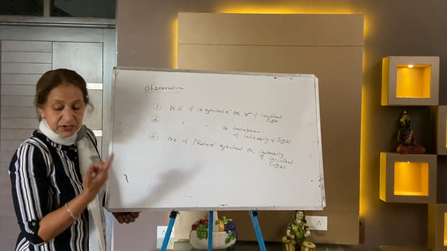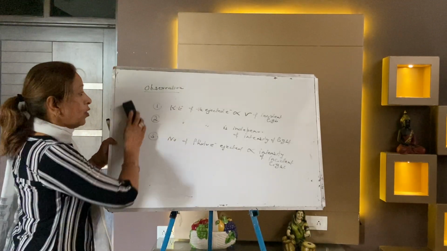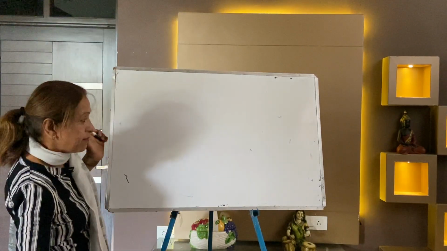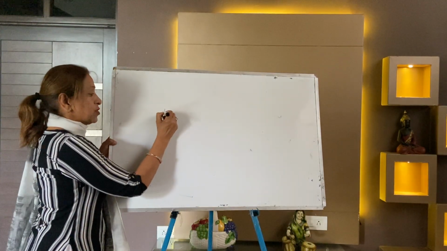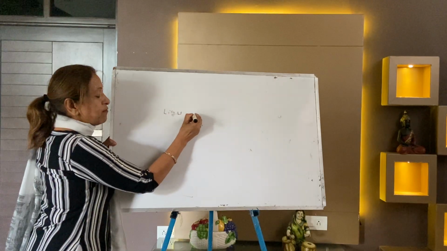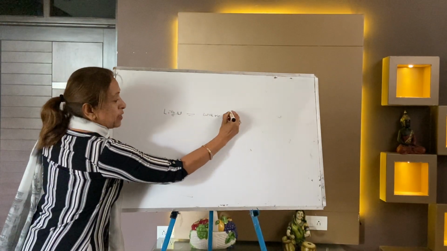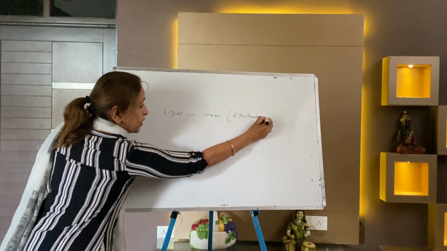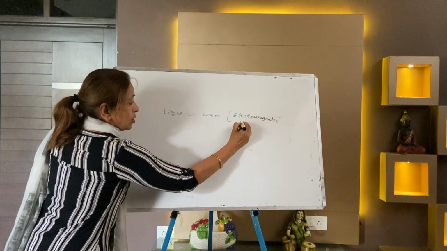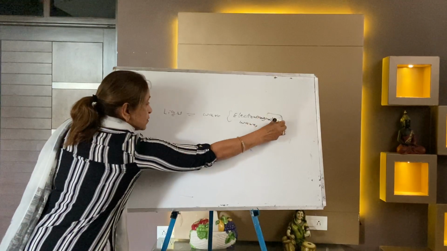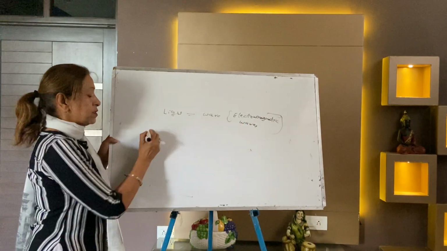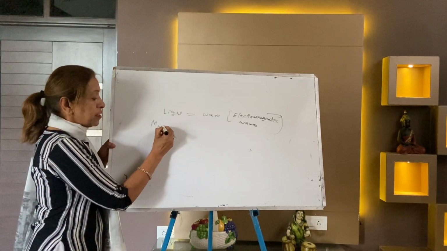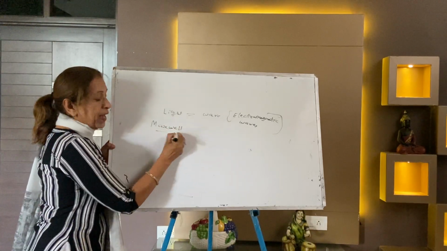Now what happened after that? Up to that we know, light behaves as a wave. In the last lecture I studied, light behaves as a wave, and these waves are called electromagnetic waves. This topic, light considered as a wave, was studied by scientist Maxwell.